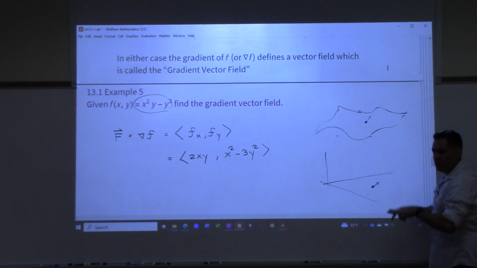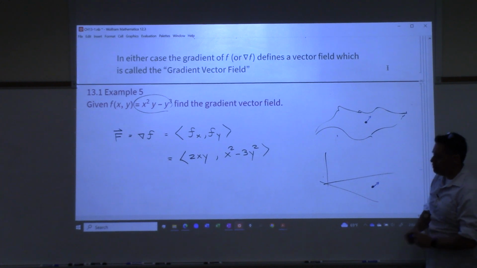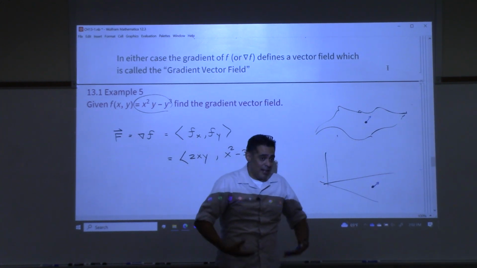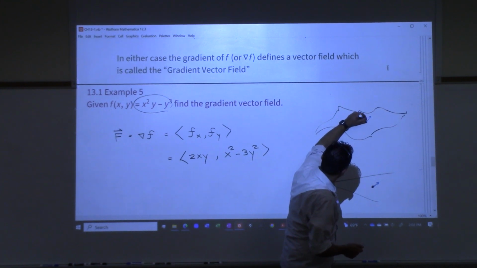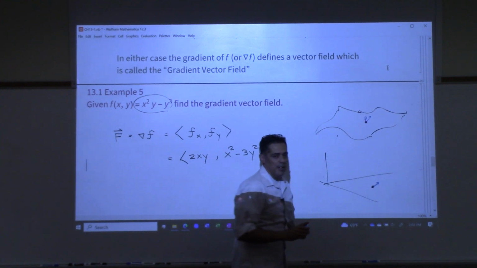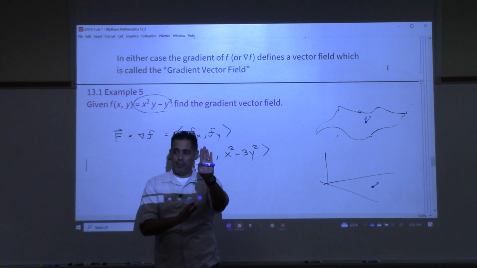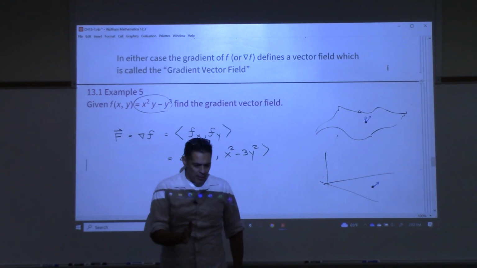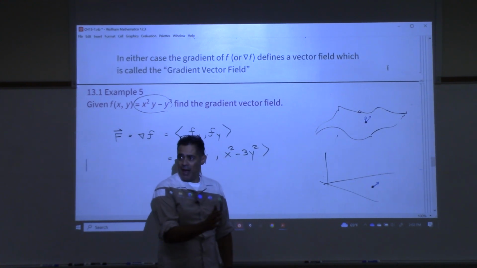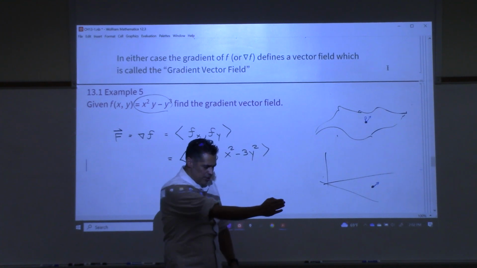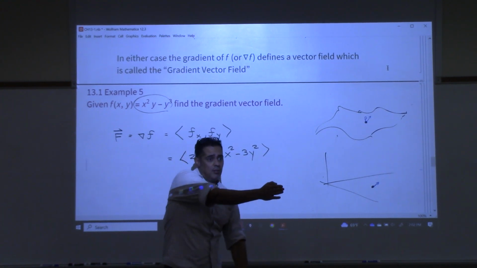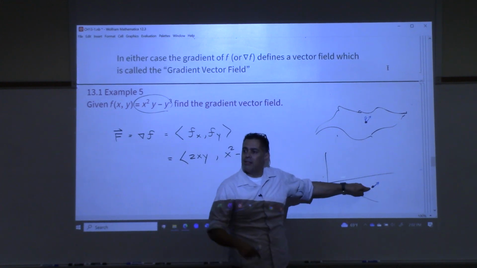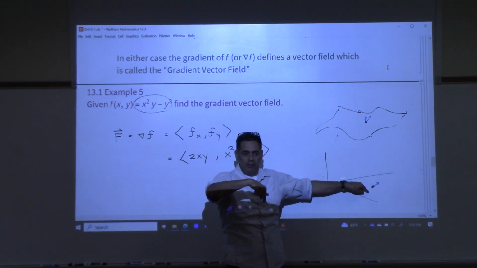Imagine I'm standing on the surface, right? That's me standing here, and I want to take a step in the steepest descent, so I've got to turn and go in that direction. Whatever that direction is, if you cast that shadow down to the ground, that's the vector field on the ground.